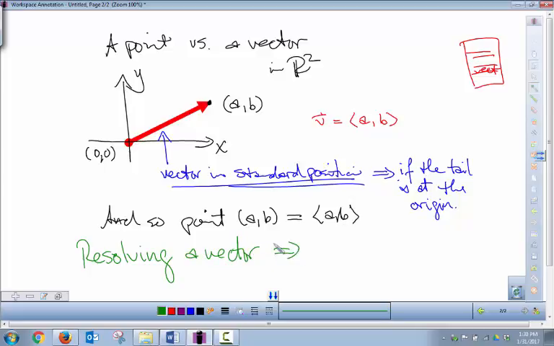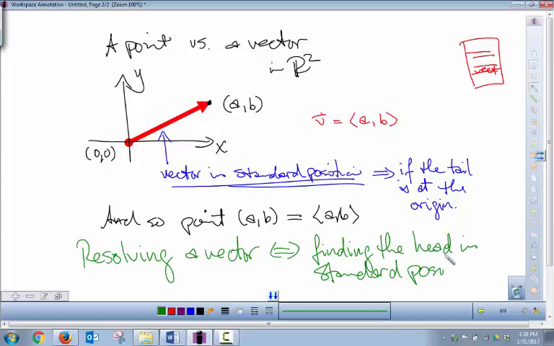So the whole idea behind resolving a vector is that you have this red vector that used to be out in space somewhere. If somehow you can bring that to the origin and figure out the point components in standard position, then you've resolved the vector.